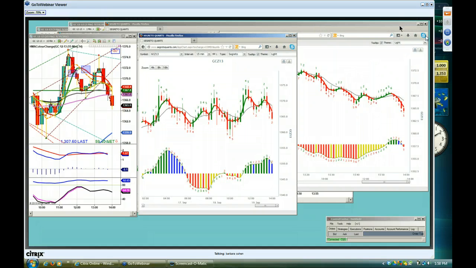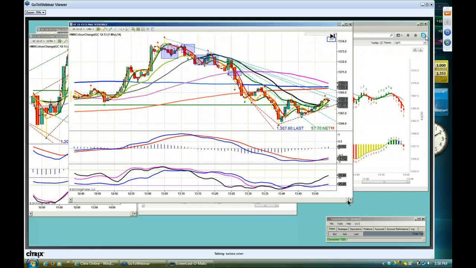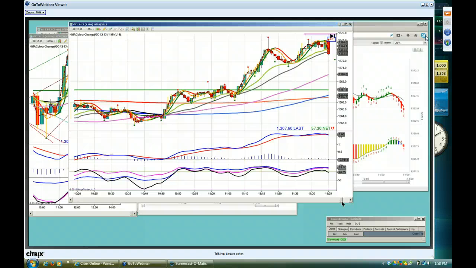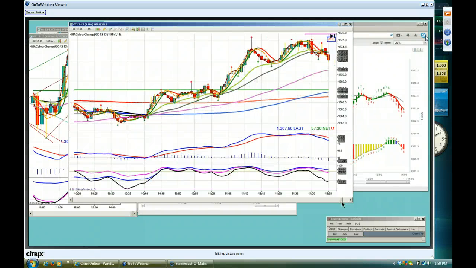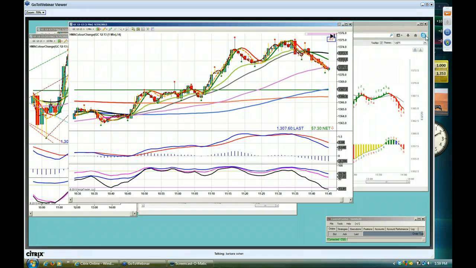I would be more comfortable getting in on that red candle, but using the 1 minute to time the actual entry. Let's go to 11:30 to 11:45. Here it is. 11:30 to 11:45 gives you your 15-minute 11:45 candle. So here's 11:50.